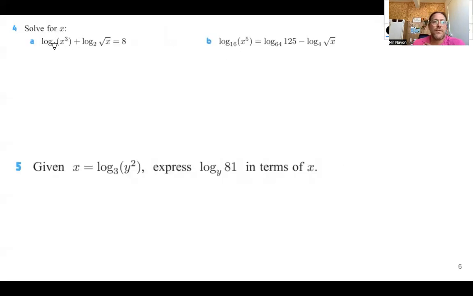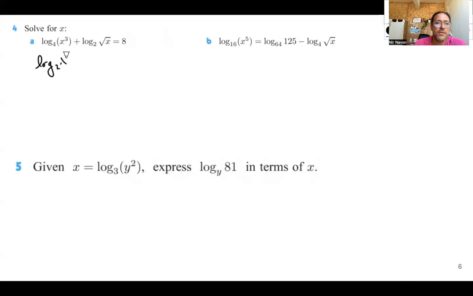Here, base 4, base 2, base 16, 64, 4, all of them are powers of 2, powers of 4. We'll have to use the change of base rule. So in this case, I want everything to be base 2, the minimum number.